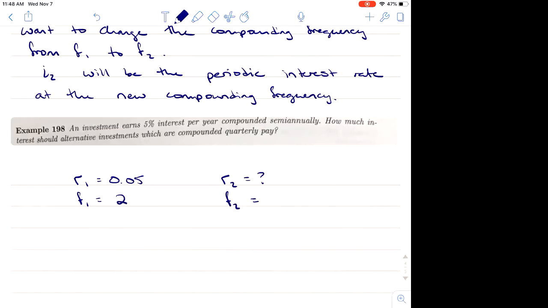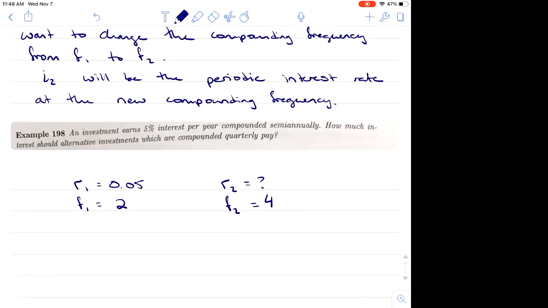And we're told that F2, we need to compound quarterly. Just like before, in order to find R, we first have to find I, that periodic interest rate. And then we can use the same I equals R over F to find R. Okay.